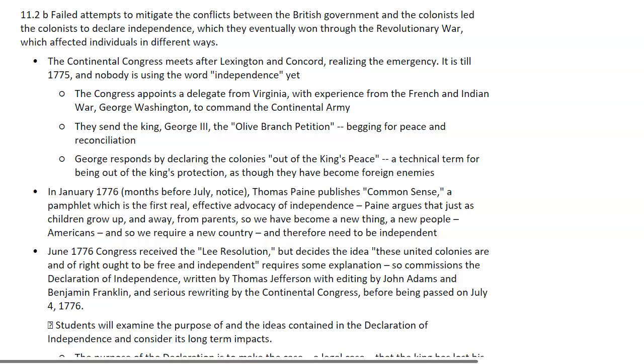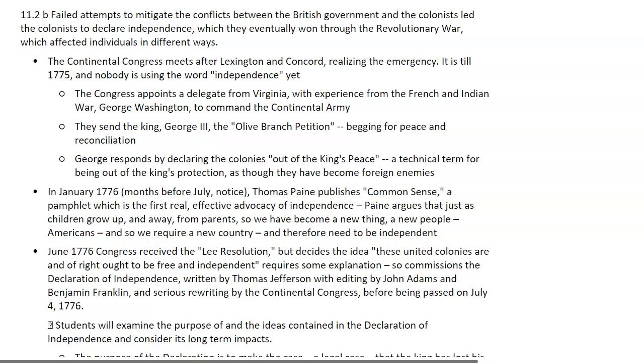Paine argues that just as children grow up and grow away from parents, we here have become a new thing, a new people. We are no longer Englishmen in the colonies. We are now Americans, a new kind of people. And so he says we require a new country, and therefore we need to be independent.